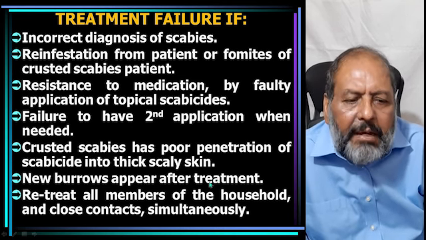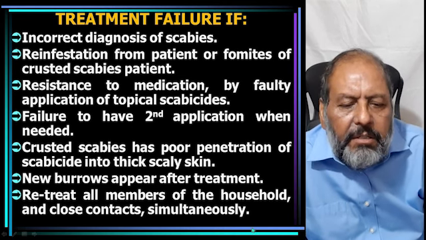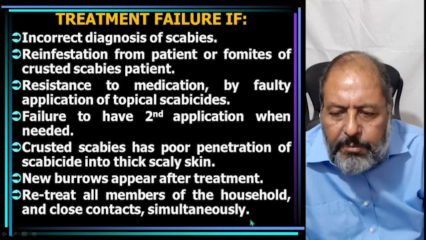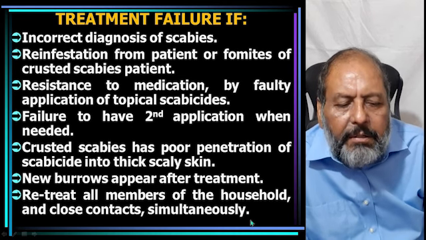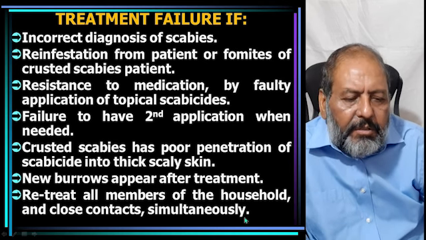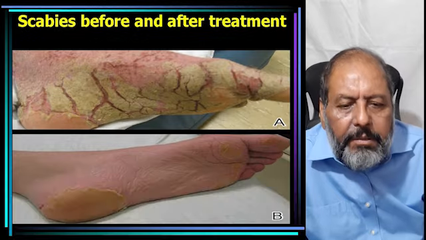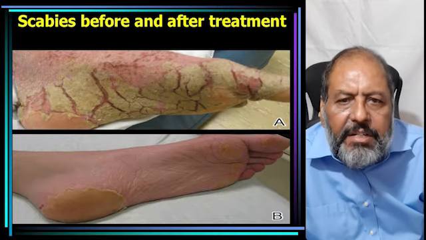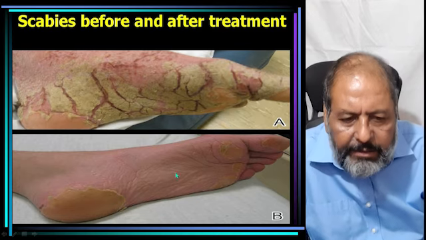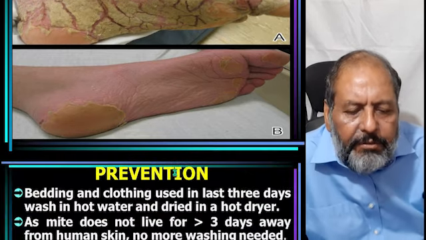Crusted scabies have poor penetration of the scabicide into the thick scaly skin, so that can lead to the failure of the treatment. If new burrows appear after the treatment, retreat all the members of the household and close contacts simultaneously. And here one can see the crusted scabies before and after treatment if the medicine is properly applied and given.